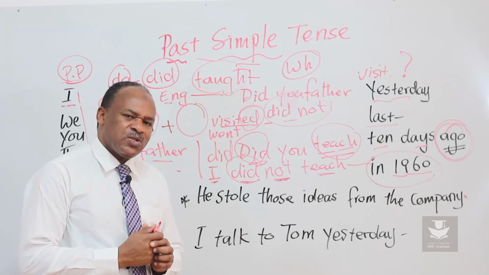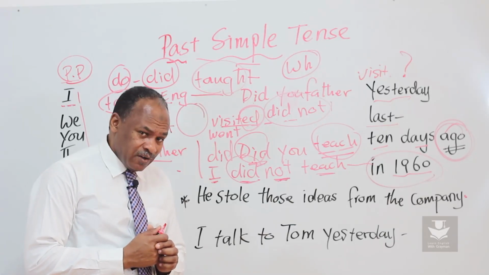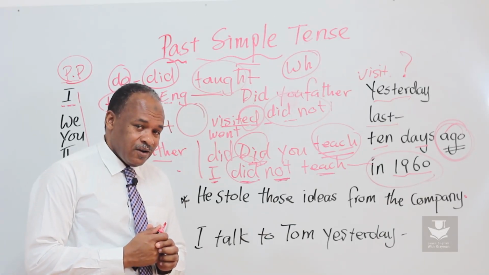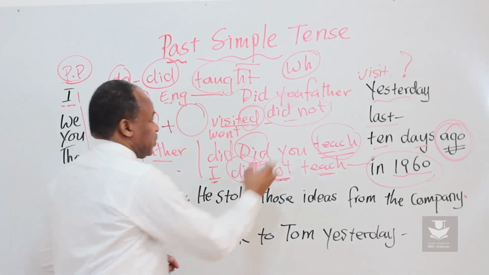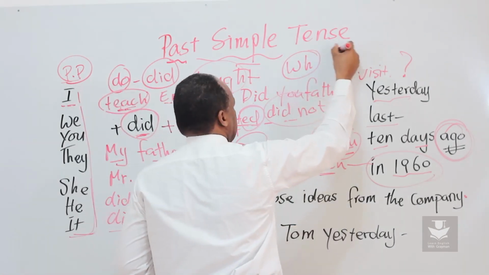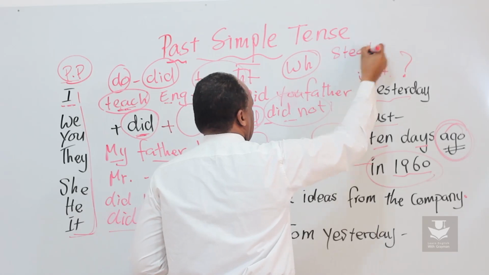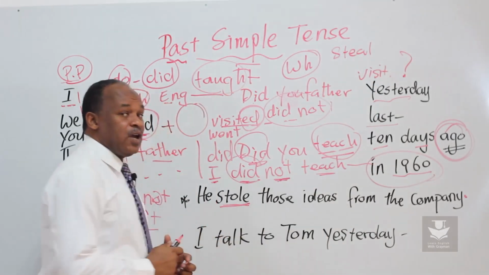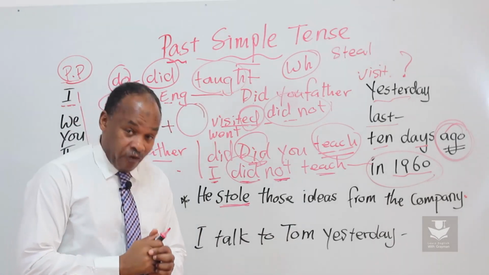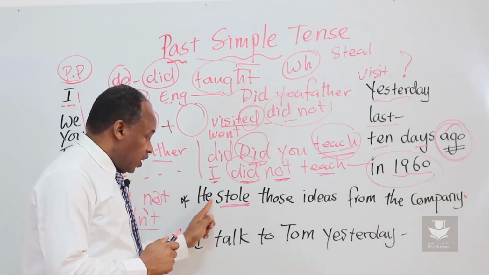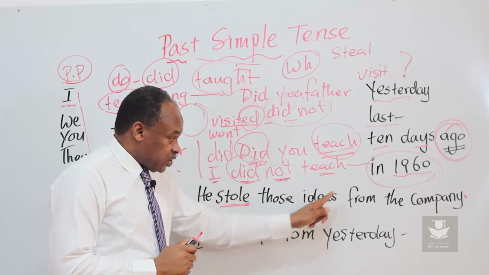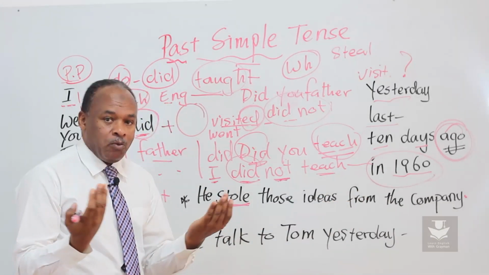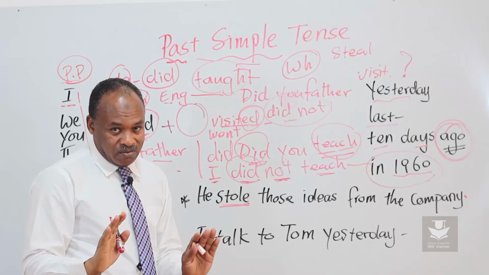Is that a correct sentence? Look at the verb steal. What is the past? The past is stole. The sentence is absolutely correct. He stole those ideas from the company. When? We don't know. Sometime in the past.